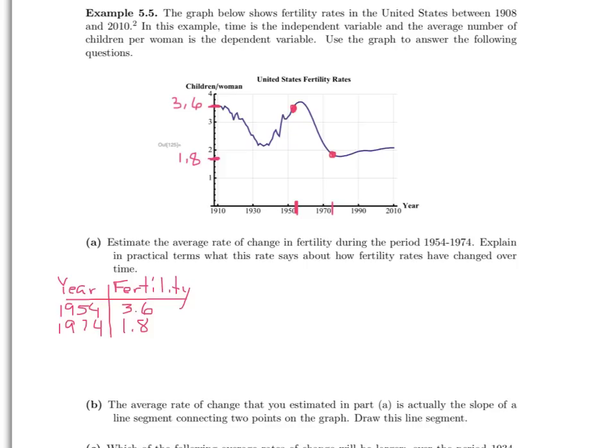Now let's go and calculate the average rate of change in fertility during this time period. Recall that the average rate of change is calculated by taking the change in the output and dividing by the change in the input. So for us, that's the change in the fertility divided by the change in the years.